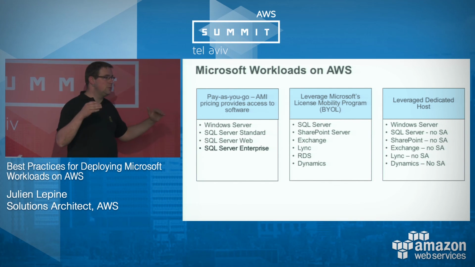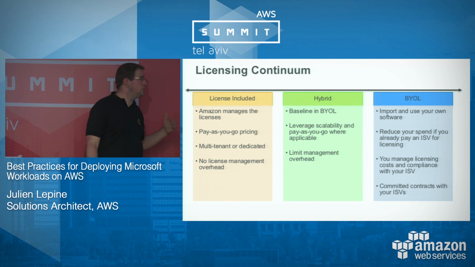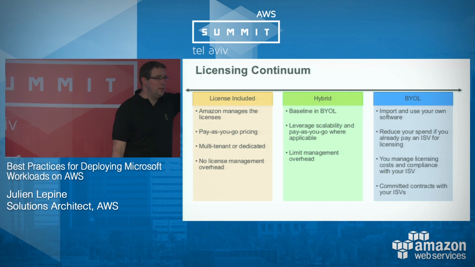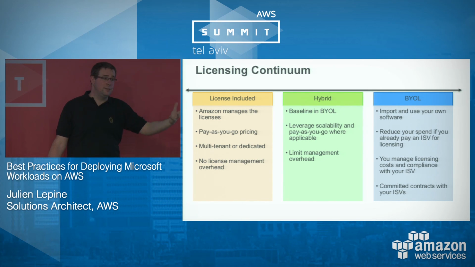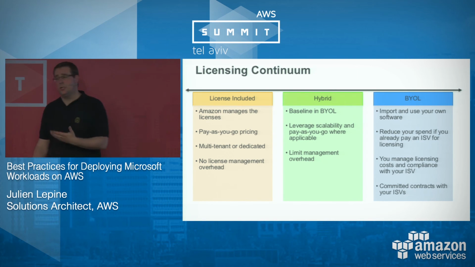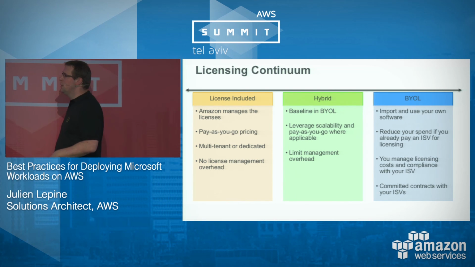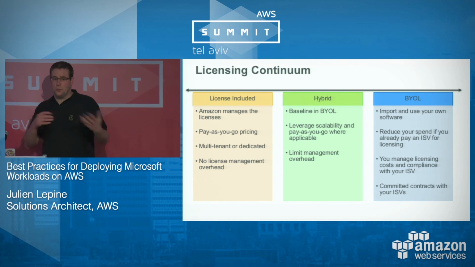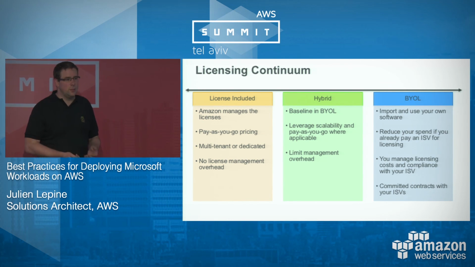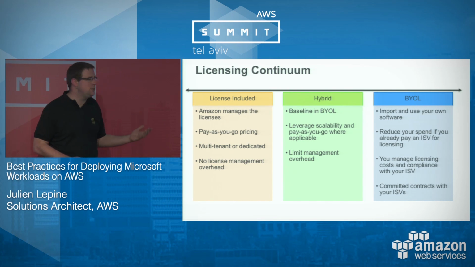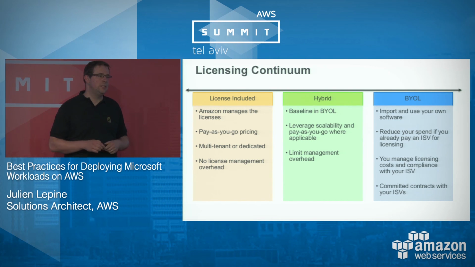So you can choose, and as we'll see, customers do choose between a fully license-included model, a fully BYOL model where you can bring your own existing licenses, and a hybrid model, which is where I see most of my customers going. You can select from your existing licenses where it makes sense to reuse them, and select where it also makes sense, for scaling layers for instance, to use license-included hardware and platforms from AWS.